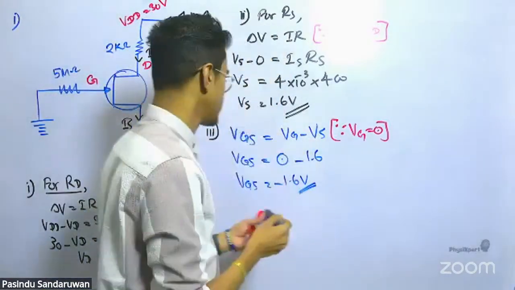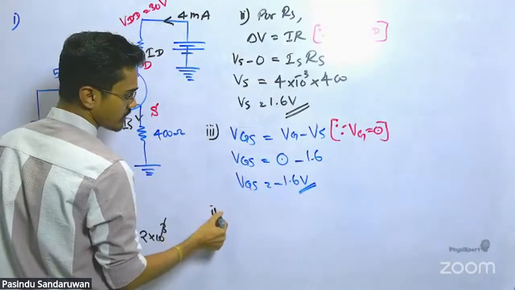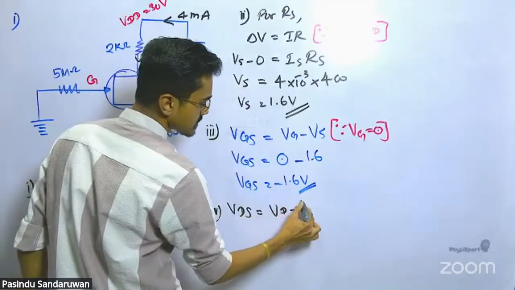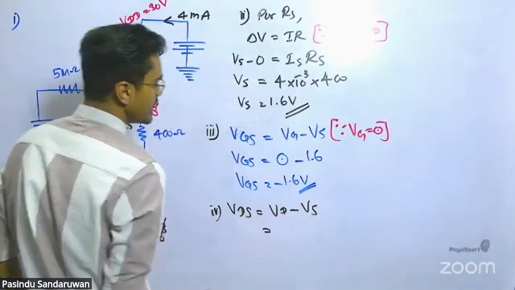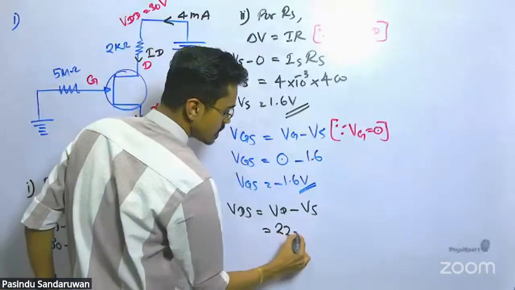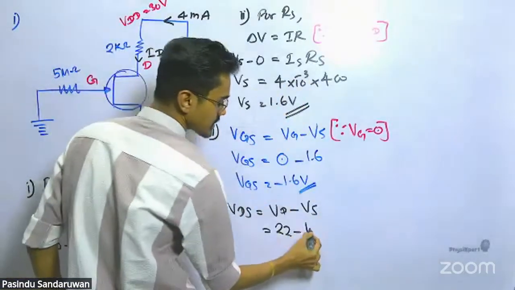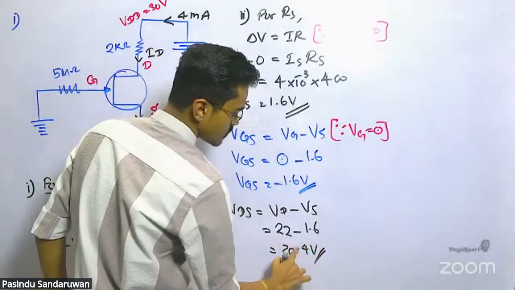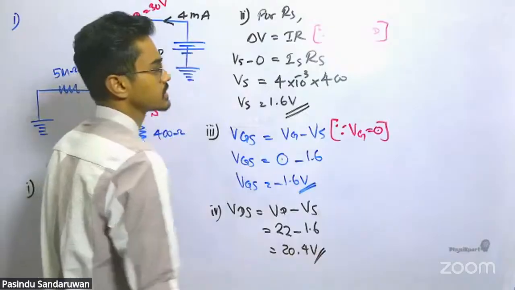Part 4, VDS. There are no equations for VDS anyway, so use your electricity knowledge. VDS is VD minus VS. VD was known, here 22. VS is here 1.6. Then 20.4 volts.